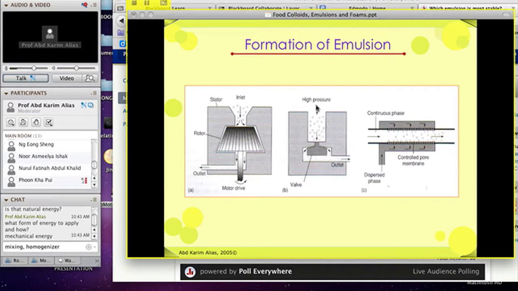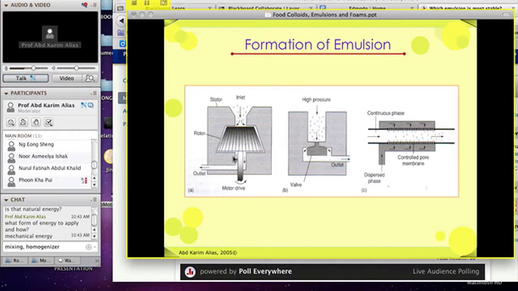When we apply the pressure, the liquid is forced to flow through the small gap, and therefore is subjected to very high shear, and this disperses the liquid into small droplets.